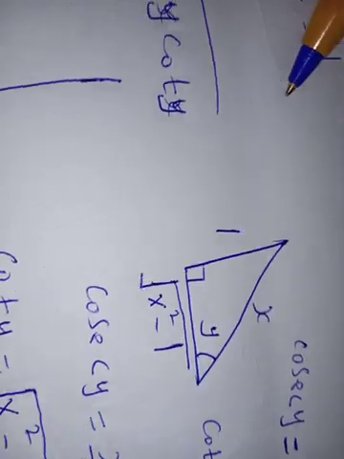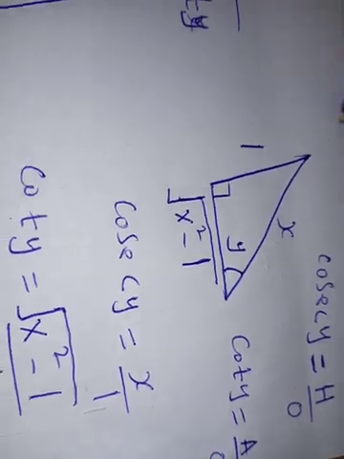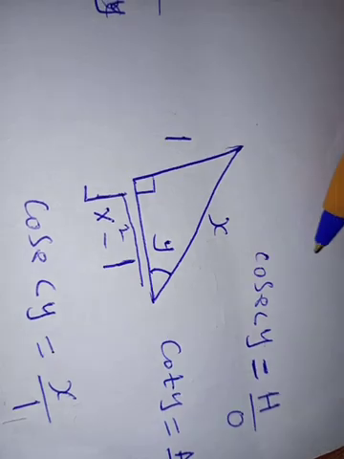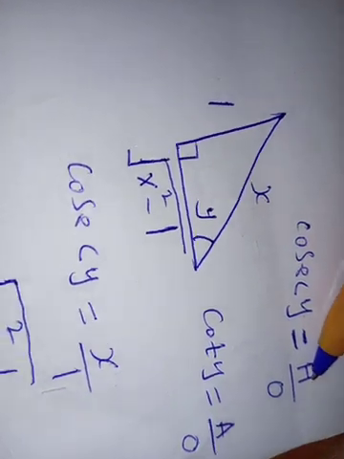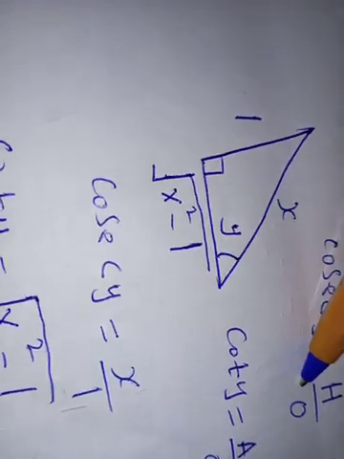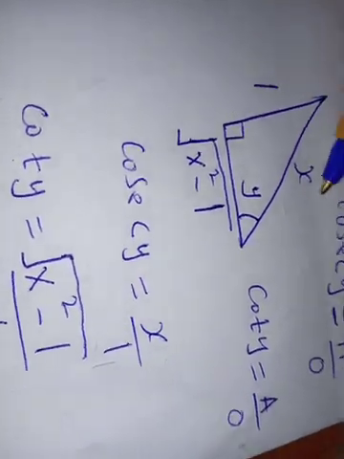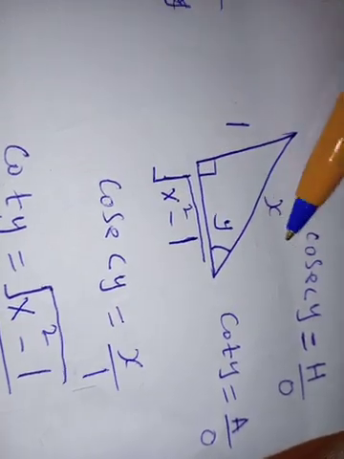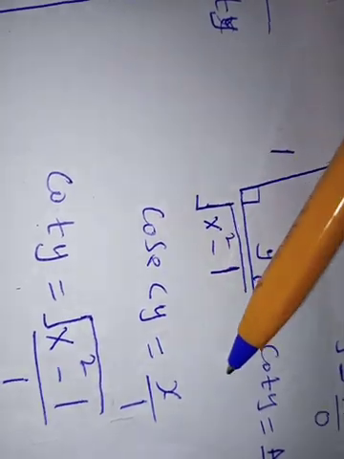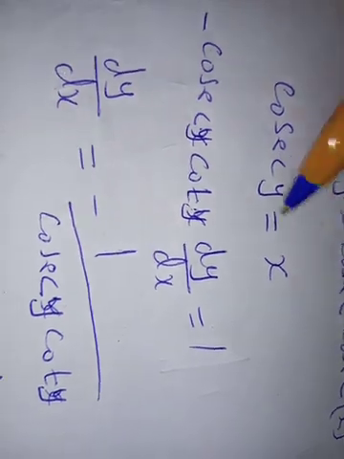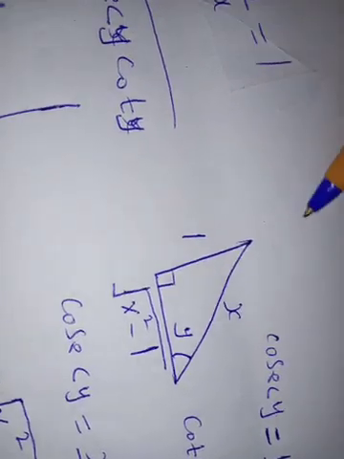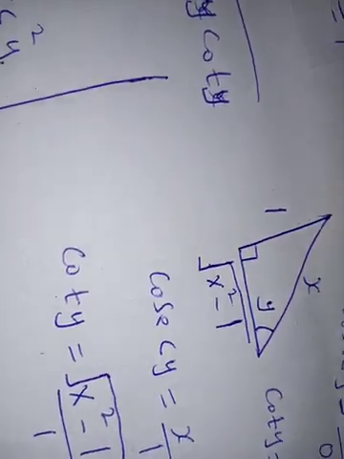Now, we can use a right angled triangle, shown here. Cosec y is given by hypotenuse over opposite. So our hypotenuse will be x, our opposite 1. So that when you divide x by 1, we get x, as we have here, cosec y is equal to x. So we draw the triangle that way, y, x, 1.